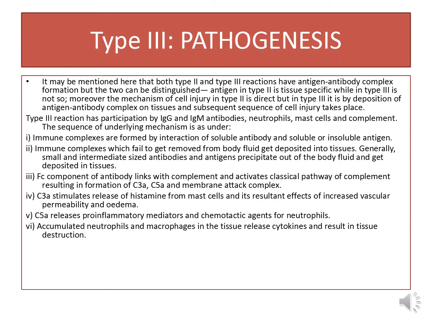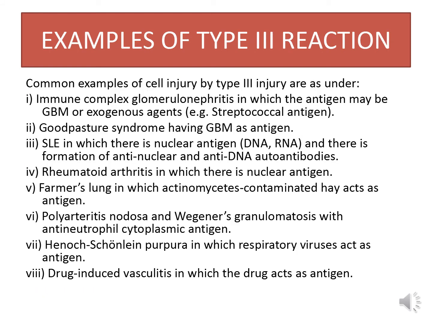Type 3 reactions have participation of immunoglobulin G and M antibodies, involving neutrophils, mast cells, and complement, and we see the immune complex formation, and then accumulation of neutrophils and macrophages, tissue release of cytokines, and as a result we see tissue destruction.